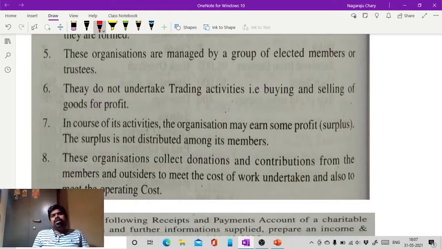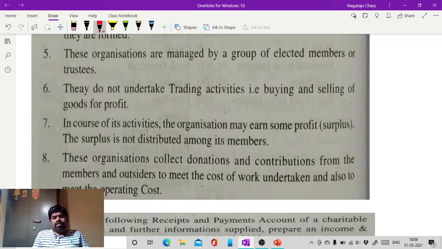In this type of organization, funds may come in three ways. From members they may get subscriptions, from non-members they may get donations, and from the governments they may get grants or contributions. So in these three ways, non-profit organizations may get funds.